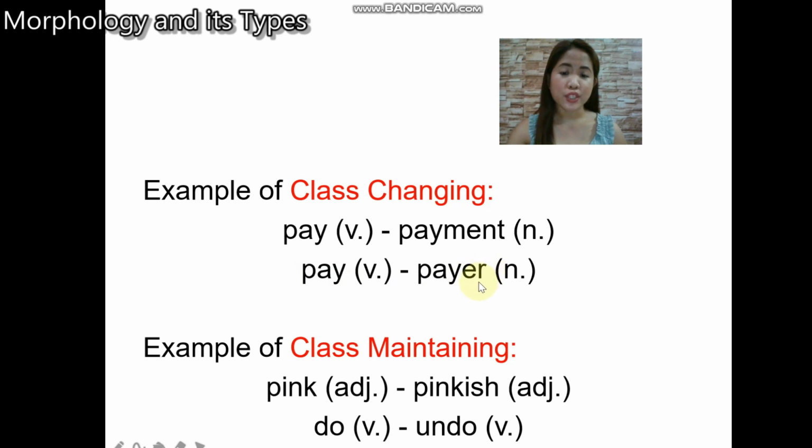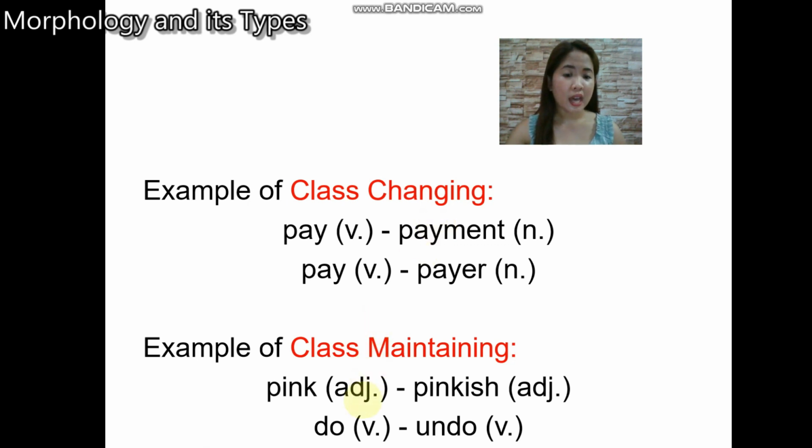If we add a suffix er, it becomes now payer, and functions as a noun already. Again, these are examples of class-changing derivational morphemes. The adding of a suffix leads to the change in its grammatical function or part of speech.